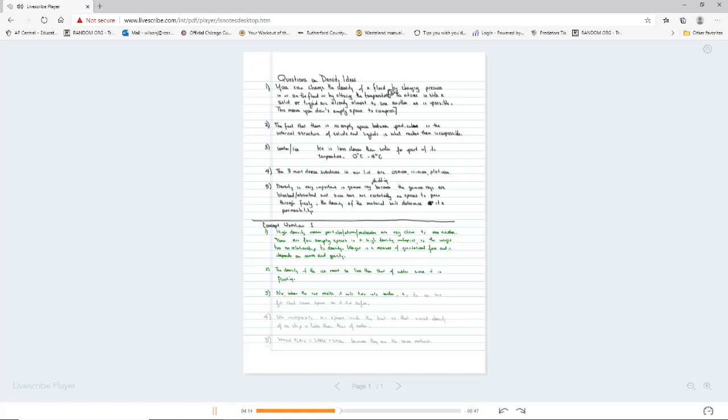The water will fill that same space as the ice did before. So in this case, when you have a cube of ice, the cube of ice turns into liquid water when it melts.